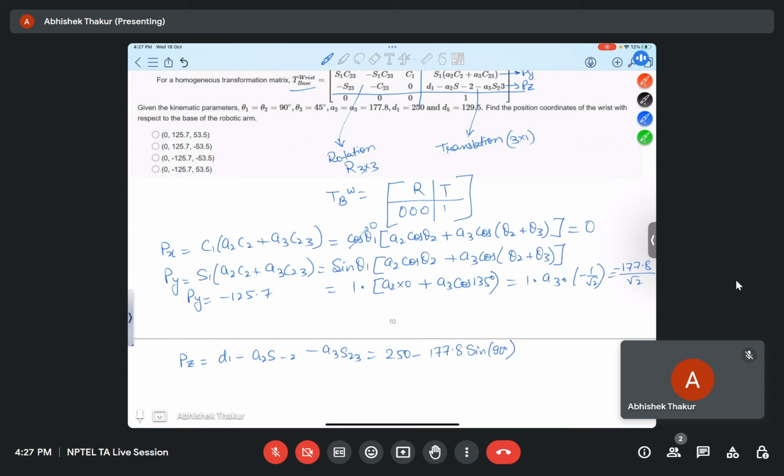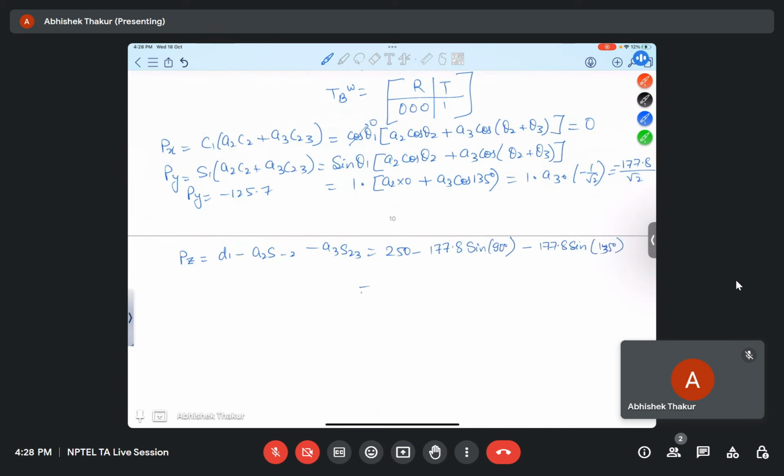And then minus A3, so minus 177.8 sine of theta 2 plus theta 3, 135 degree.